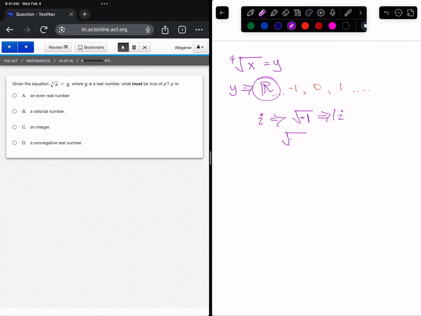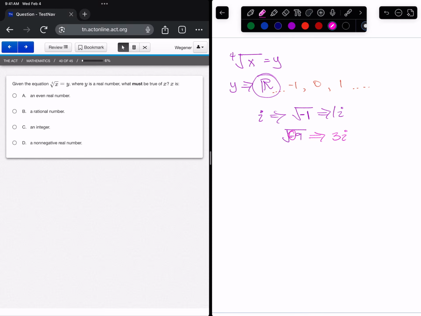So if I had something like the square root of negative 9, I would immediately take the negative out of the square root. I get an i. What's the square root of 9? Well, that's 3, so it would be 3i. Notice how my imaginary numbers all end with an i, okay? I cannot have that, okay?